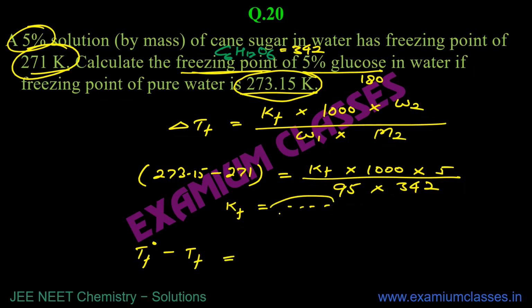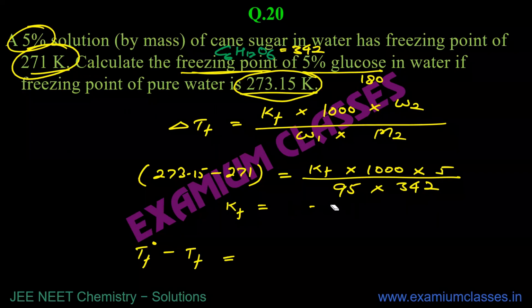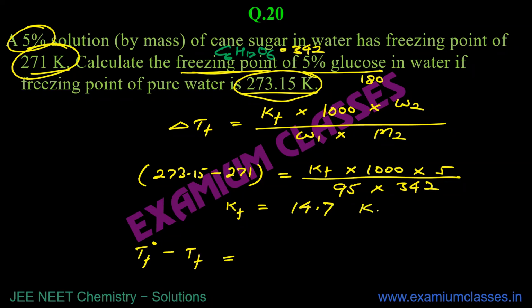Now KF I will be using from here. And when you calculate, this value will be approximately 14.7. Devyansh, okay, you have calculated 14.743. That might be exact one. I have just written here the approximate one.